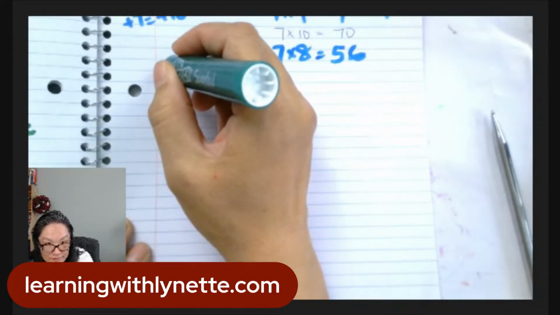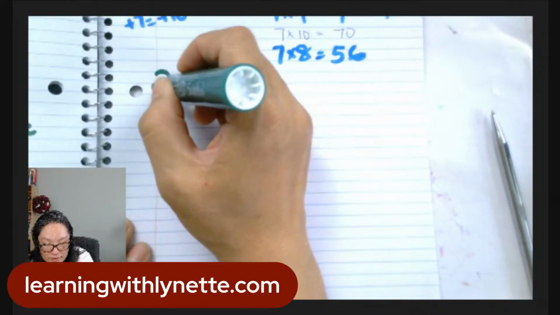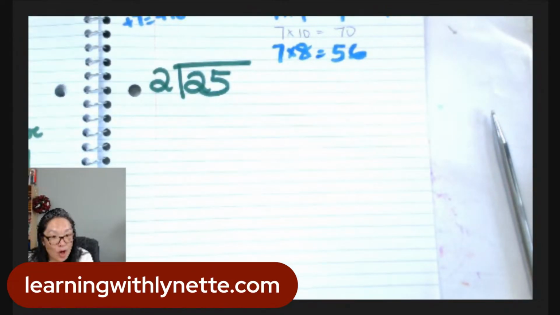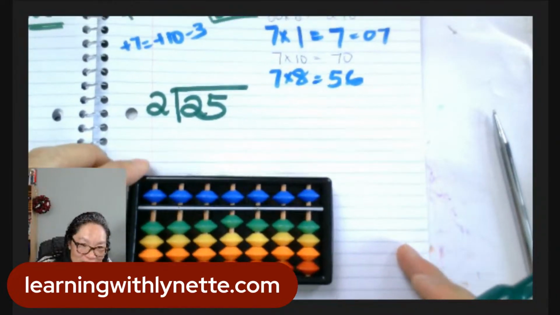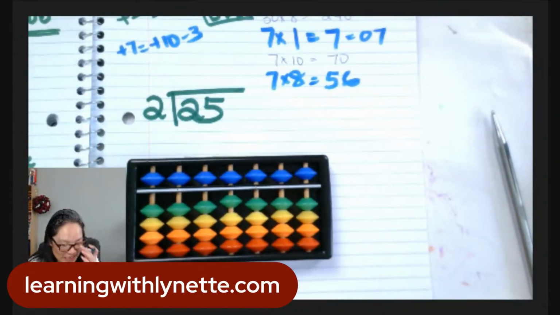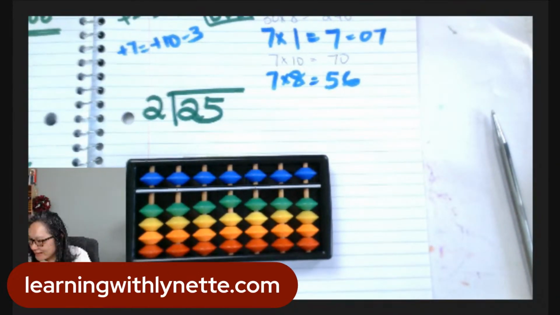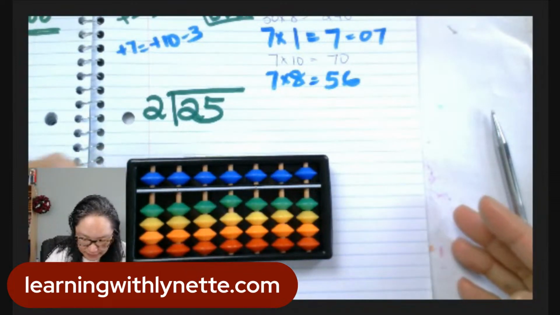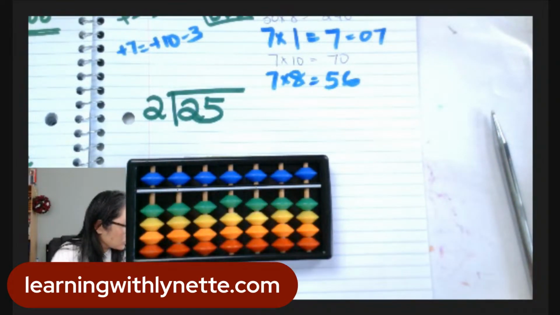This is a quick one. 2 divided by 25. I can't promise you to get to division tonight. Okay, let's do it. I want to see decimals.